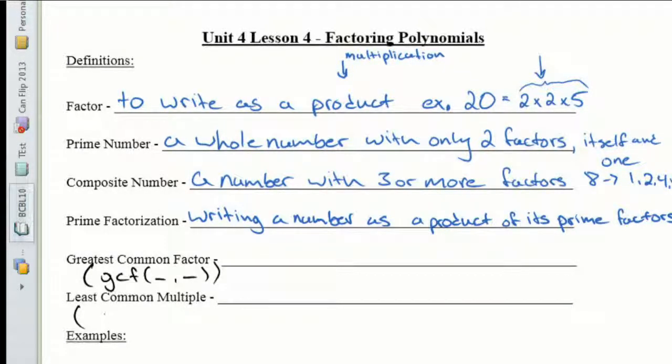And least common multiple will look something like LCM, and we'll put two numbers in brackets. So these are two terms that come up a lot. Least common multiple could be lowest common divisor as well. So LCD. That's another acronym for the same thing.